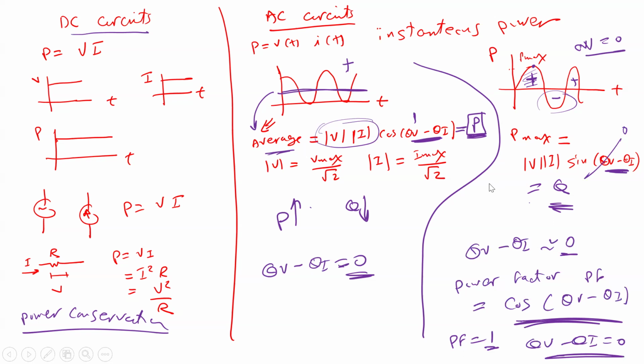That's why, as you will see, there is something we call power factor correction, which means if the power factor is far from 1, I need to add some elements to the load to correct the power factor and make it close to 1.